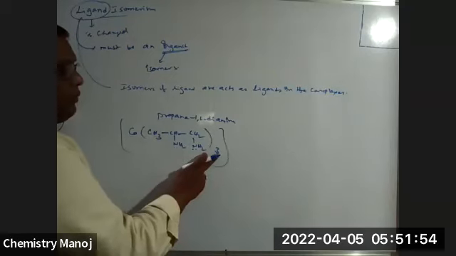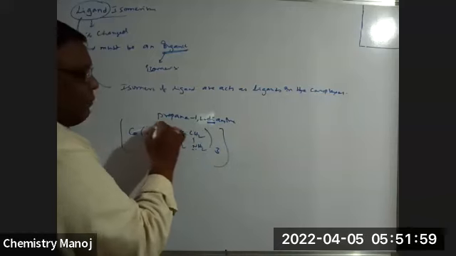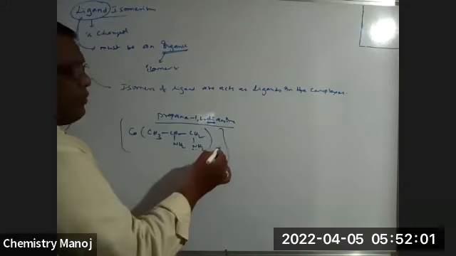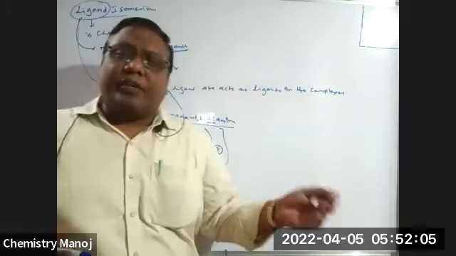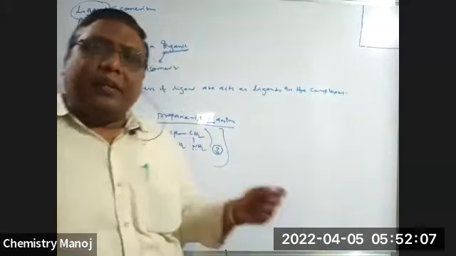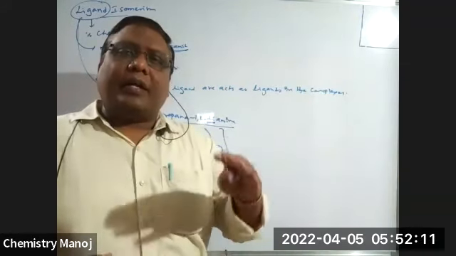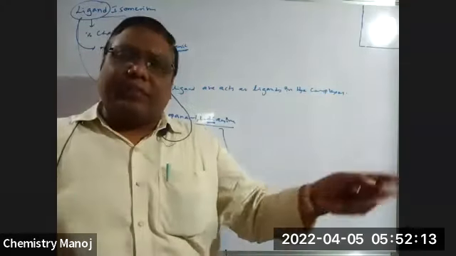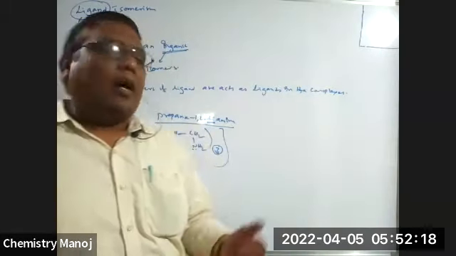My dear, whenever the words di, tri are already there in the ligand of the complex, if you want to use di once again, that is repeated. So di is replaced with bis, tris like that.